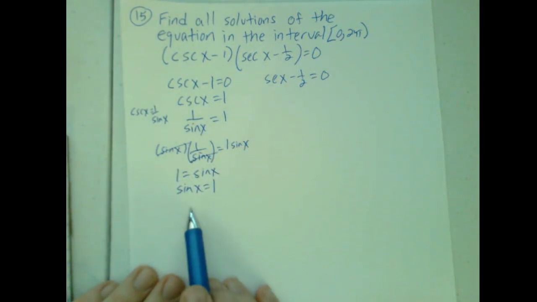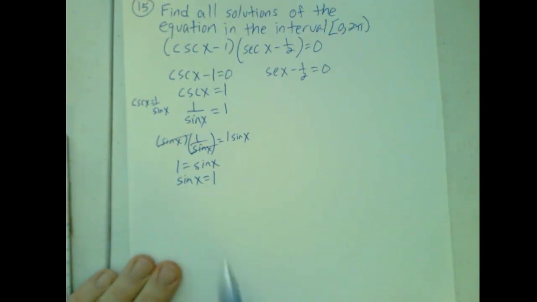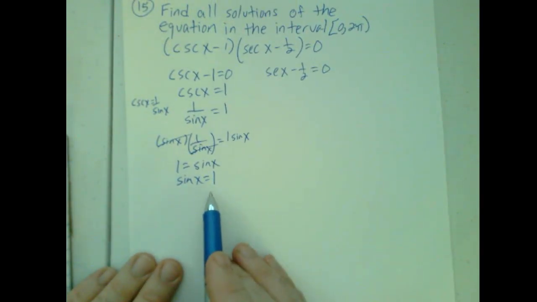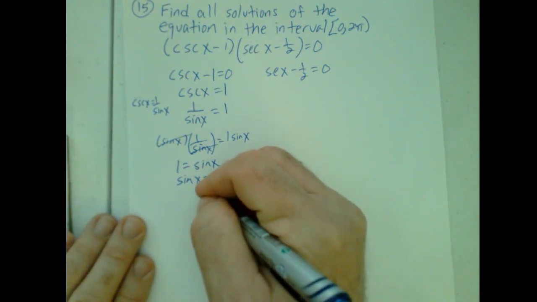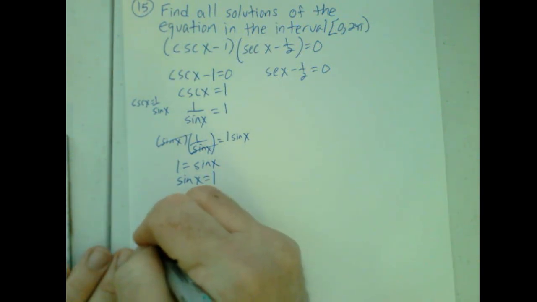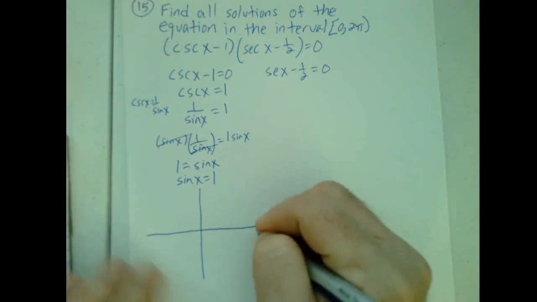So how do we figure out sine of what angle is equal to 1? Well, there's at least two different ways to do that. The first way is to draw the unit circle.